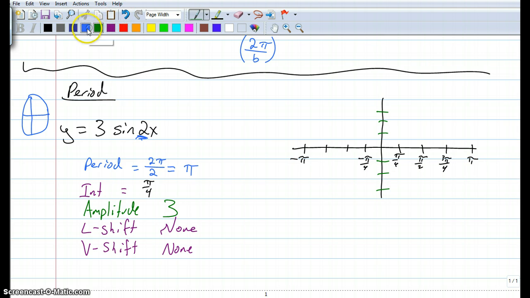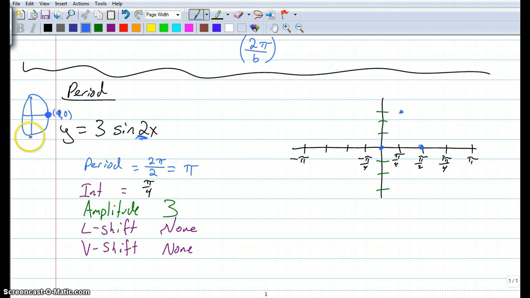However, we're starting with sine. Sine graph on the unit circle, remember 0 degrees. What is the sine value of 0 degrees? Well, this is the point 1, 0. Sine starts at 0. Then it goes up 3 because of the amplitude. Goes up to 3. Then it starts falling back down to 0.